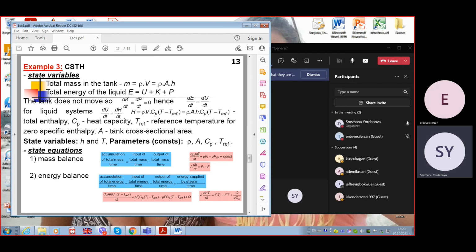So h stops changing with time and the derivative will become 0. Then we'll have the steady state model. But the dynamic model, as you can see, is more general. From it we can obtain the static model when derivatives are turned into 0. So rho is cancelled. So the simplified differential equation of first order is relating input with output.